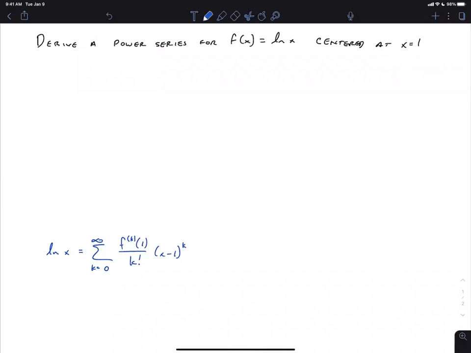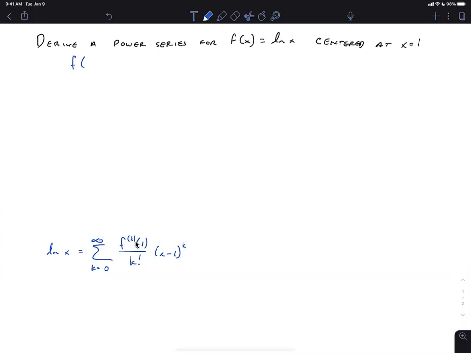And the idea is that we plug in 0, 1, 2, 3, and so on for k, and the only really complicated part of this is the top, because that's the kth derivative evaluated at 1. So to deal with this, we make a list of the function and several of its derivatives until there's a clear pattern.